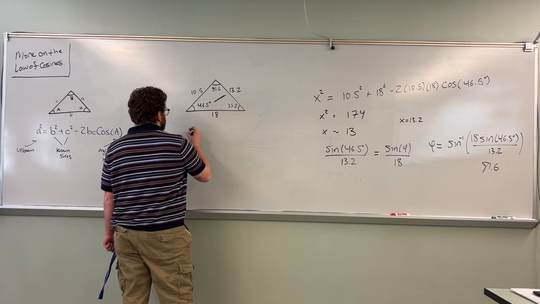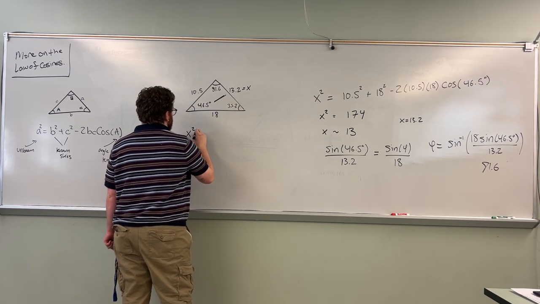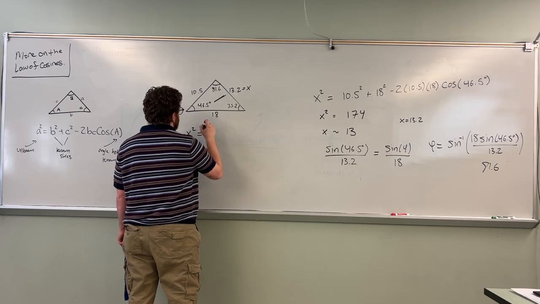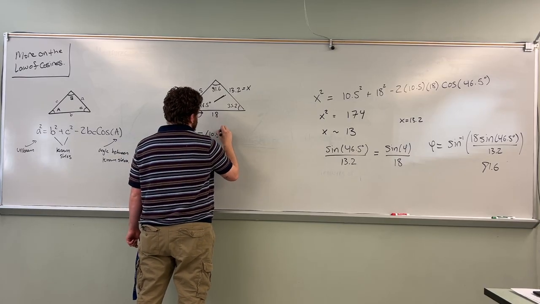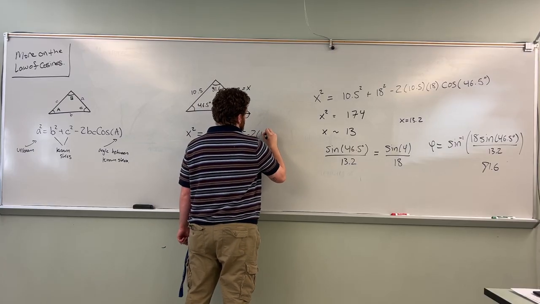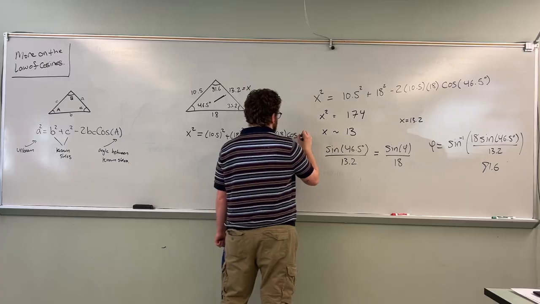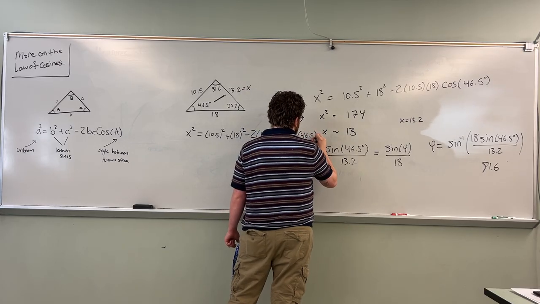Okay. So x squared, we're going to say this was x, equals 10.5 squared plus 18 squared minus 2 times 10.5 times 18 cosine of 46.5 degrees.